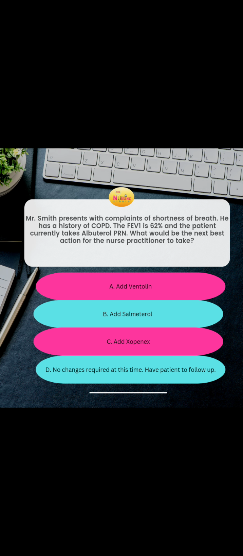So during this stage, the best answer choice next would be B, to add in the salmeterol, because that is your long-acting beta agonist, your LABA. The Ventolin and the Xopenex, and this is why it is important to know your medicines and what drug class they're in, are short-acting beta agonists.